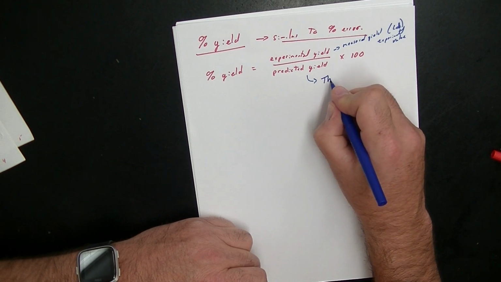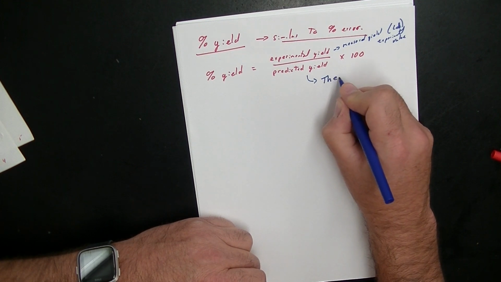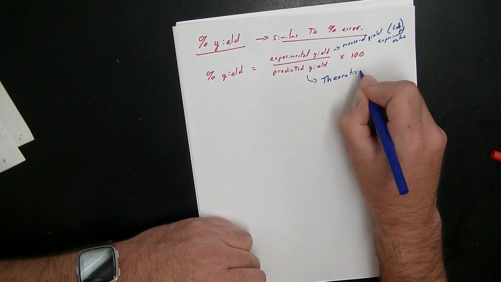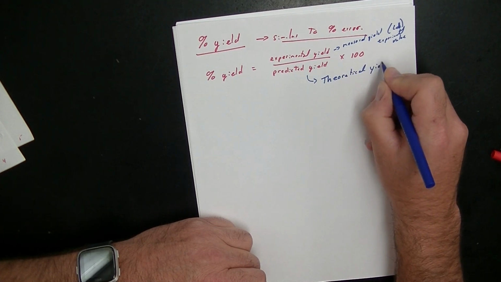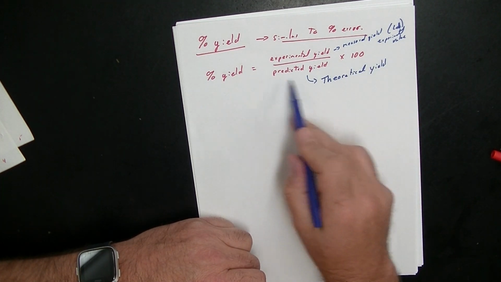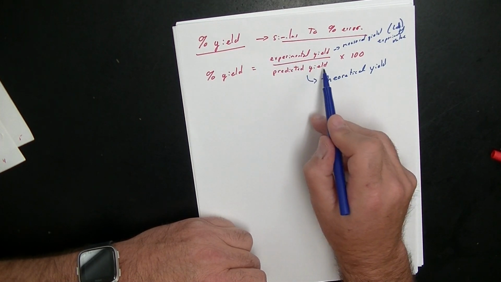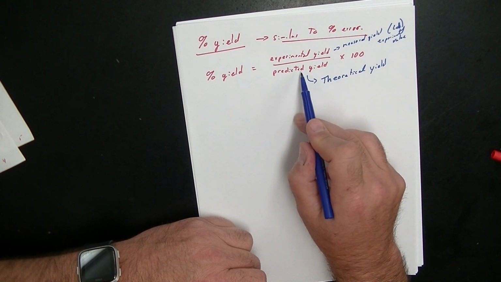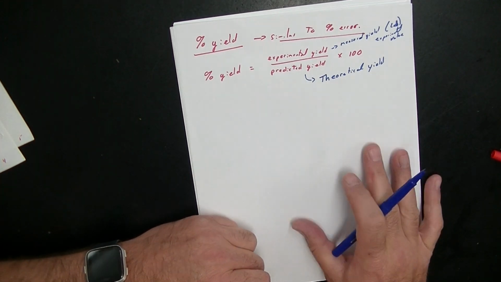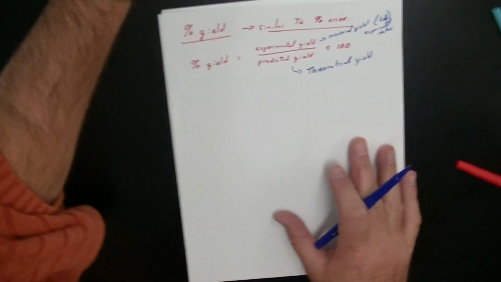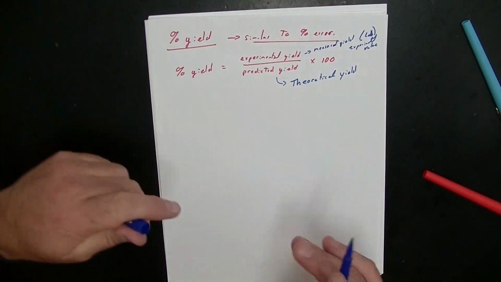What should have happened? How much should we have gotten in the reaction? So this is what we did get when we did the reaction. This is what theoretically we should have gotten. I'm going to show you how to calculate this, and we're going to use stoichiometry to do it.